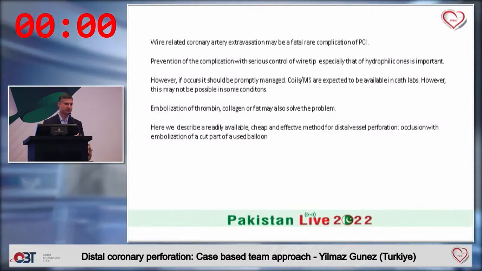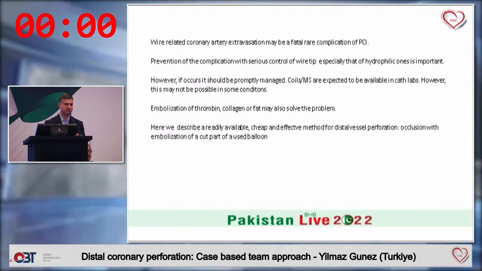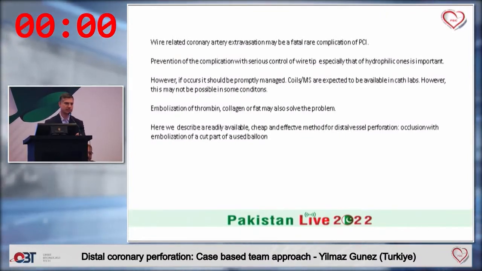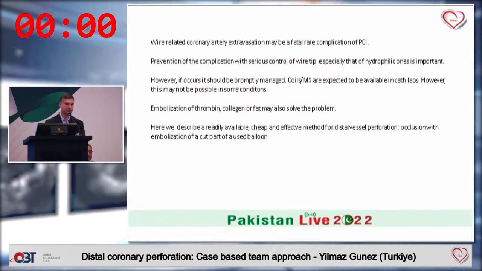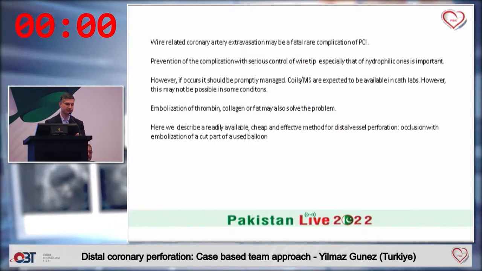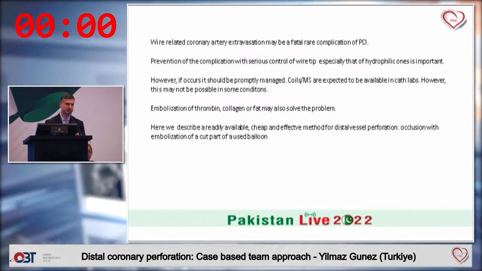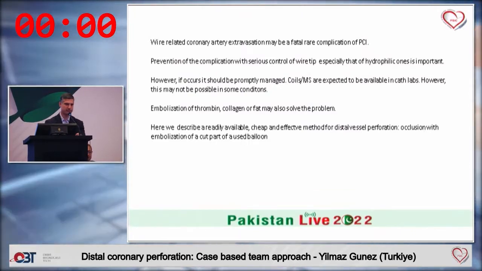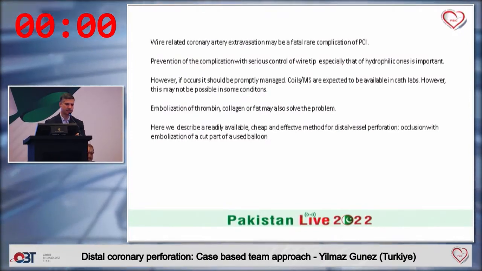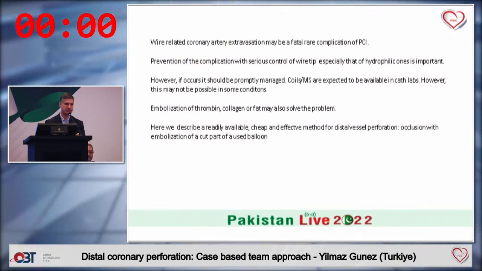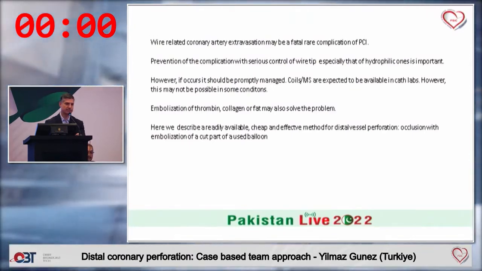So, in short, wire-related coronary artery extravasation may be a fatal rare complication of PCI. Prevention is the most important point. Be careful with the wire tip, especially that of hydrophilic wires. However, if it occurs, it should be promptly managed. Coils and microspheres are required to be present in the cath lab.